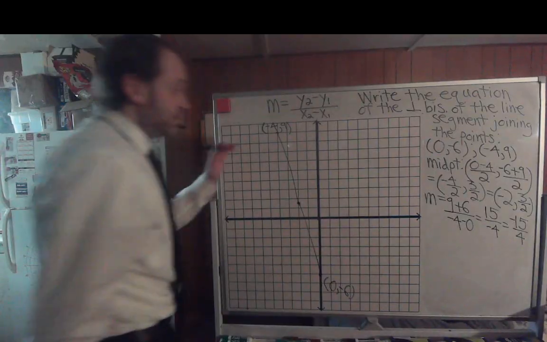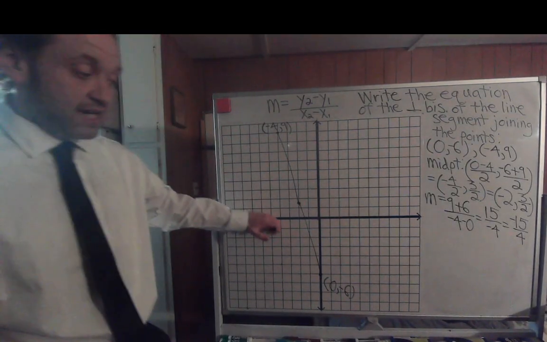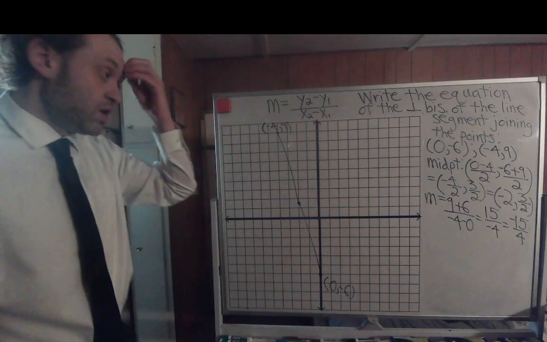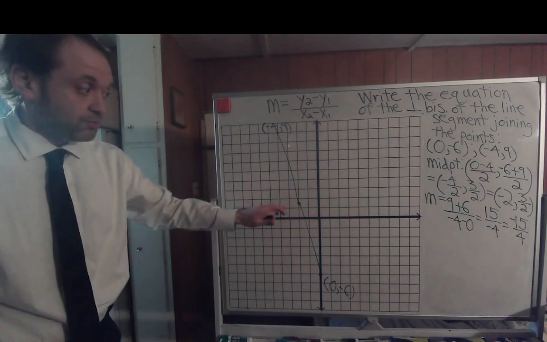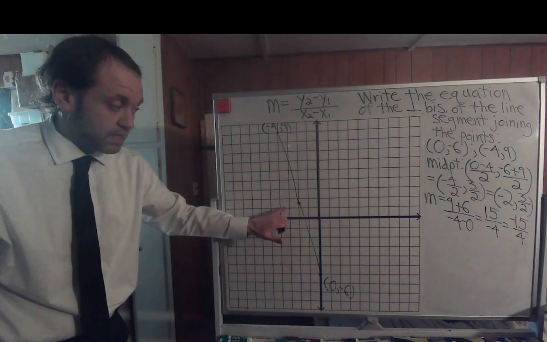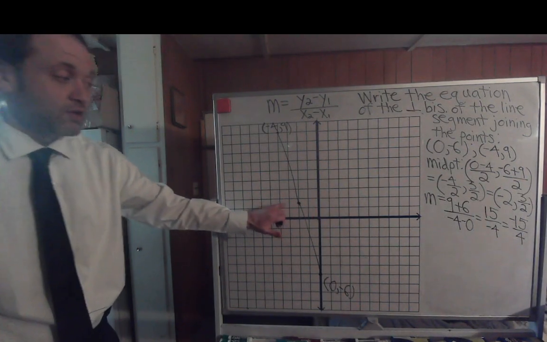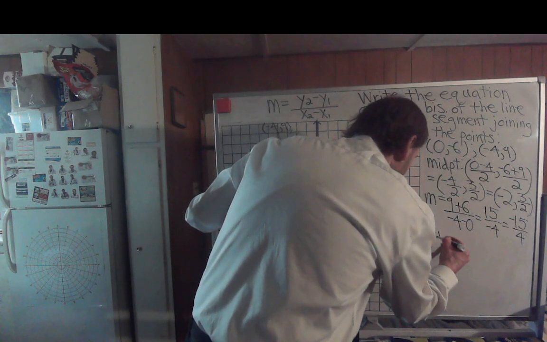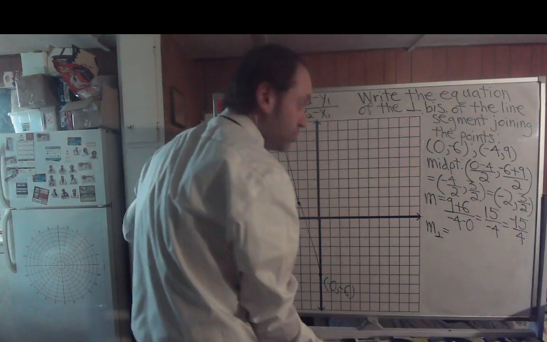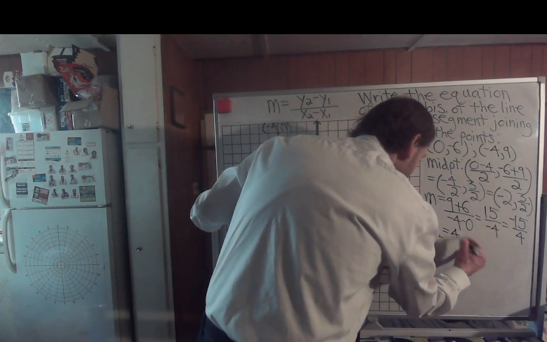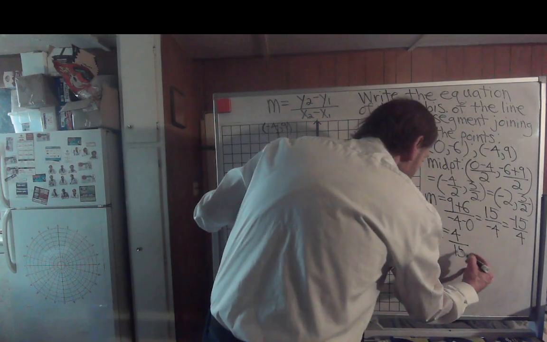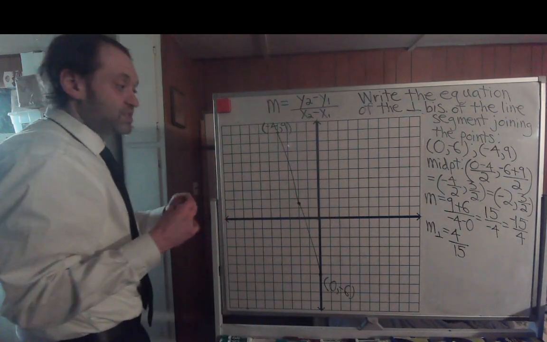So the slope of this original line segment is negative 15/4, which means for the perpendicular bisector going through the center of this segment here, the midpoint, the perpendicular slope has to be the negative reciprocal of negative 15/4, which would be positive 4/15. So now we found the slope of the line.